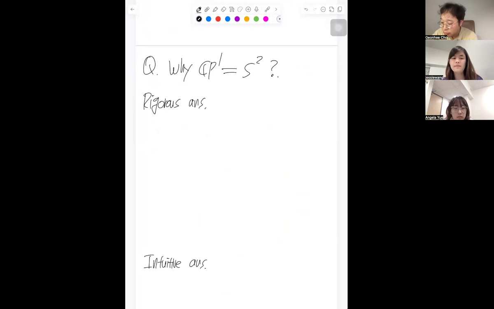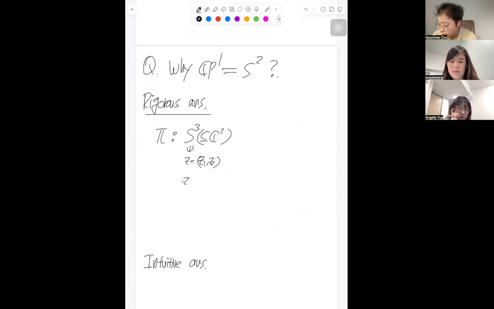Now we have S3 in C2, right? What I will do is define a map. If you choose an arbitrary element Z, this Z consists of Z1 and Z2, satisfying Z1 Z1 bar plus Z2 Z2 bar equals 1. I'd like to define the map. What is the natural assignment here? Let's use the bracket of Z1 versus Z2.